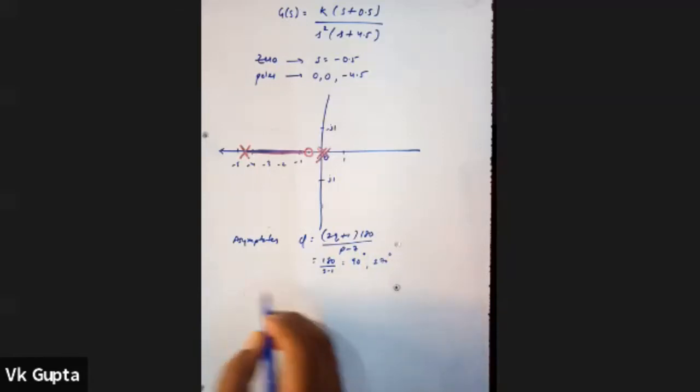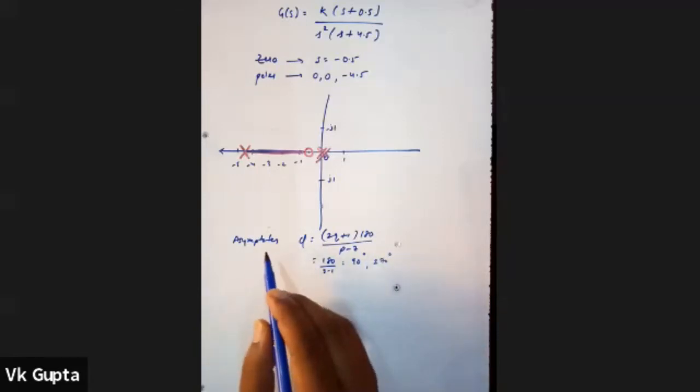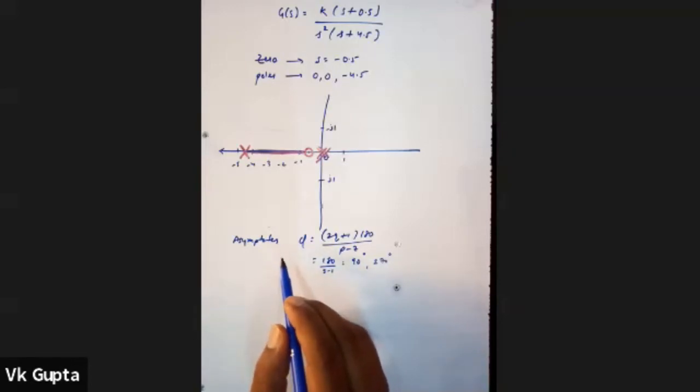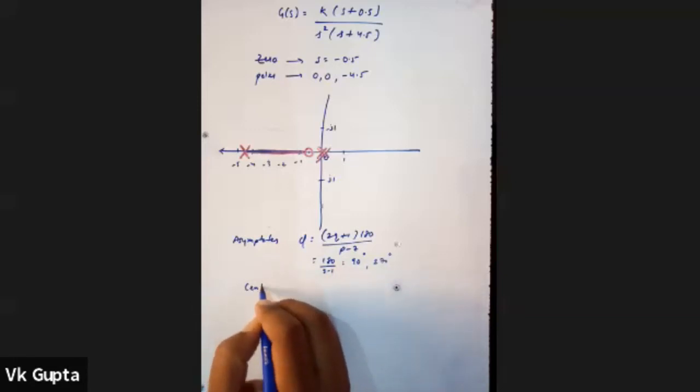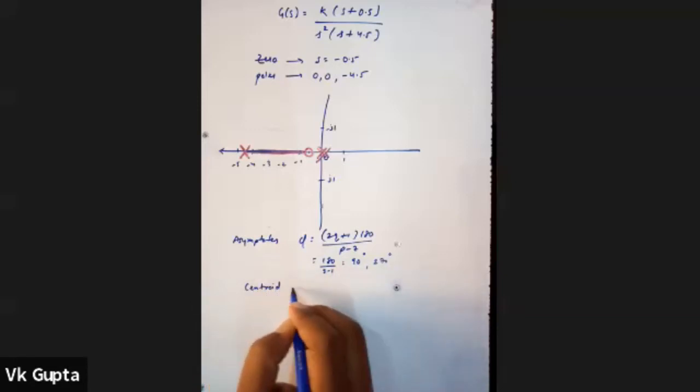Now we know that if 2 or more asymptotes are there, we need the centroid. So next is the centroid.